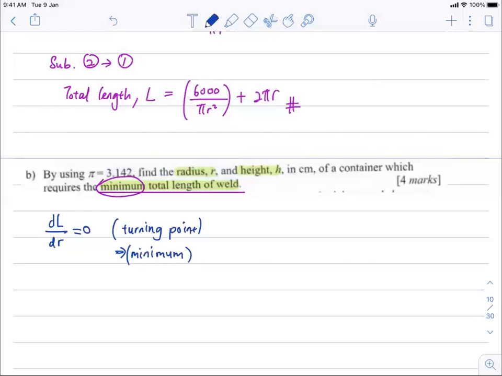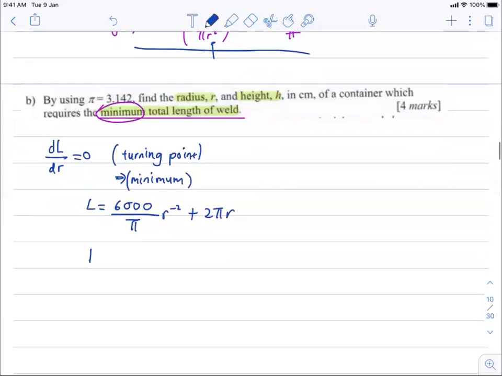So in order to find r and h when the total length is minimum, we need to differentiate this first. So dL/dr is equal to, let me write down L first. L will be equal to 6,000 over pi, and here r squared becomes r to the power of -2 because it's the denominator, plus 2 pi r.